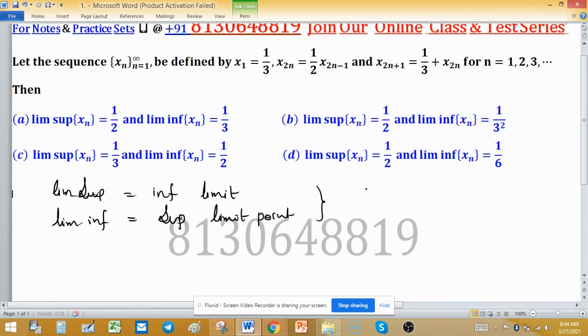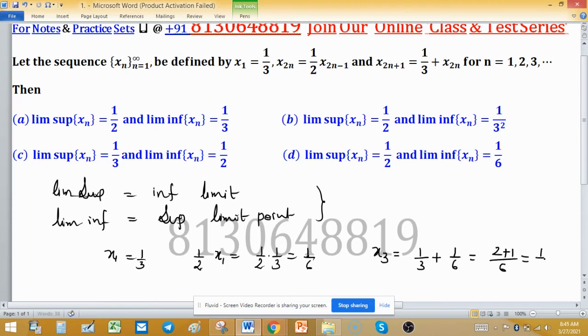The first term of this sequence is 1 by 3, and the second term is 1 by 2 of x1, and x1 is 1 upon 3. So 1 upon 2 into 1 upon 3 is equal to 1 upon 6. x3 is 1 upon 3 plus the previous one. So 1 upon 6, this is equal to 3 twos are 6, plus 1, divided by 6. This means half.